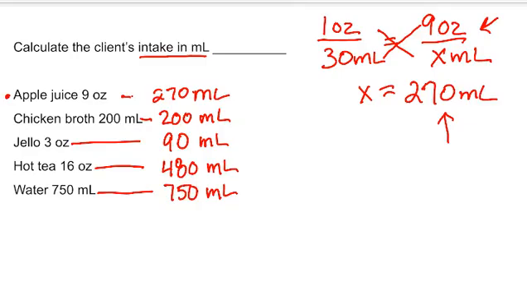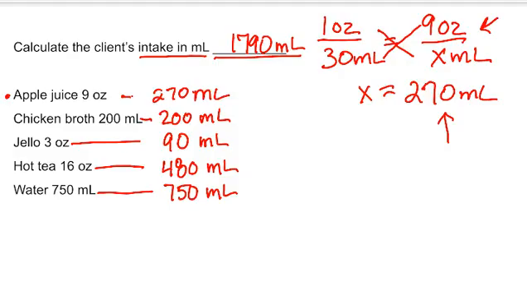So now I'm going to take my calculator and do 750 plus 480 plus 90 plus 200 plus 270, and that's going to equal 1790 milliliters. You want to make sure you write it in this line here, and you want to make sure that you label it appropriately. 1790 milliliters.